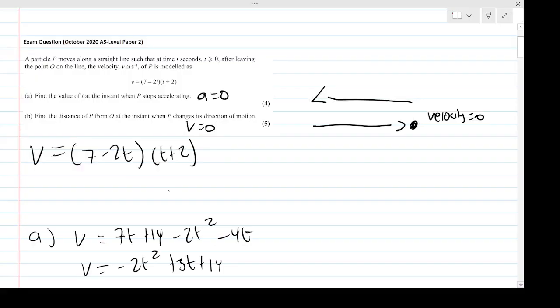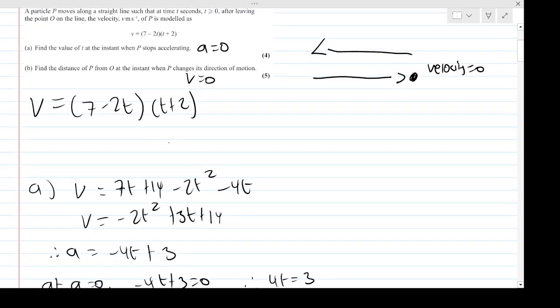Okay, so now that we've established that, it might make things a lot easier. So you want the distance when the velocity goes to 0. Well, actually, we have the velocity here, right? So if v equals 0, then that means (7 minus 2t)(t plus 2) equals 0.